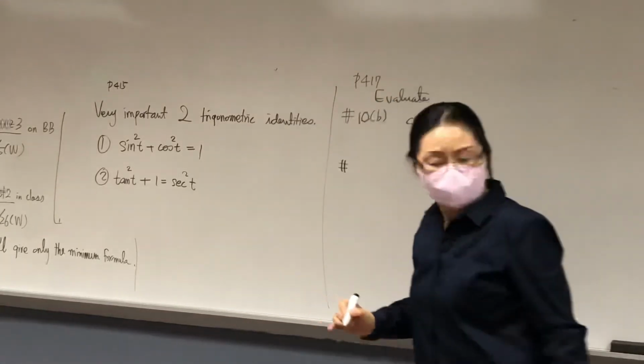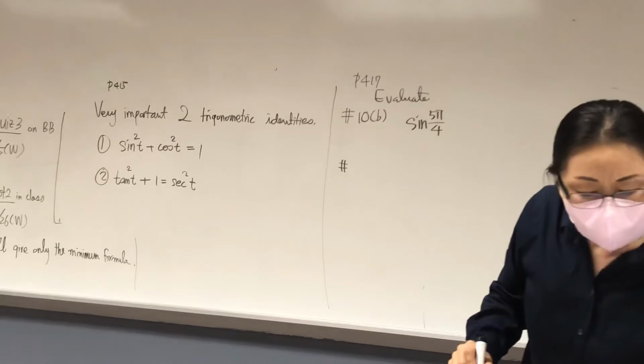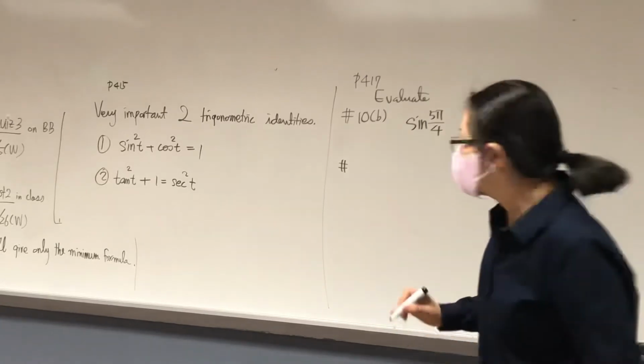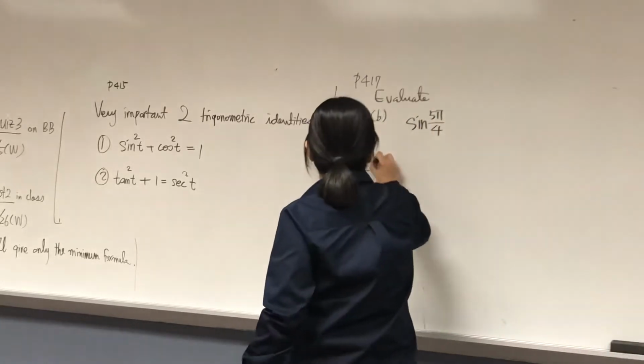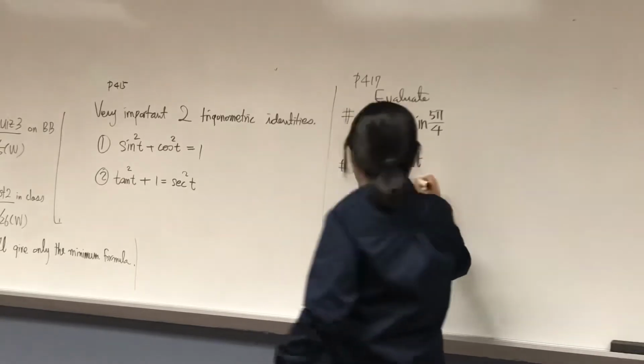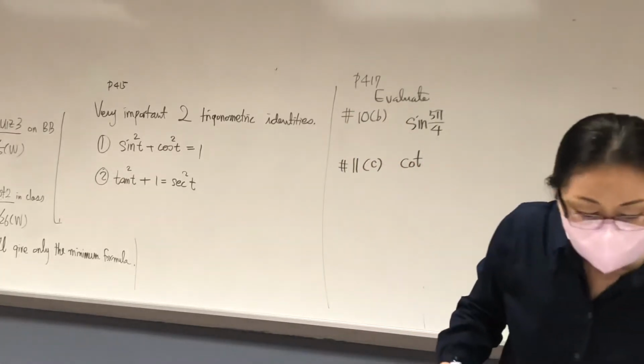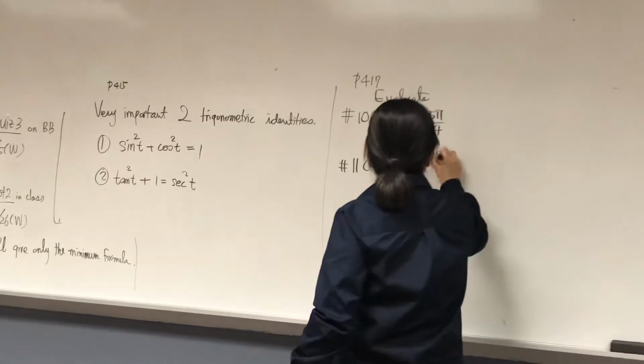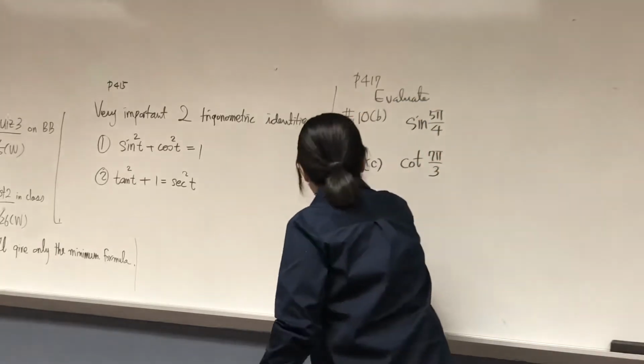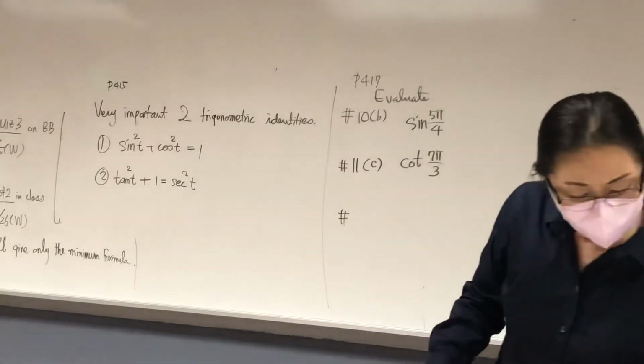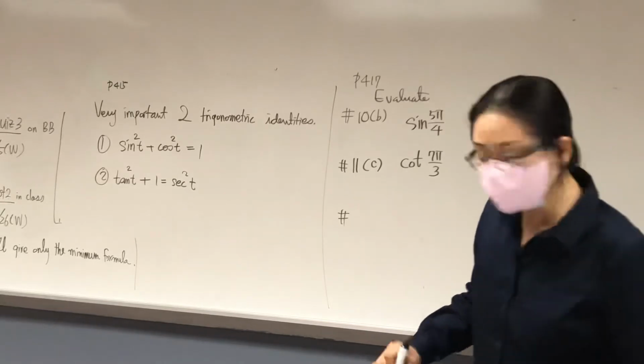Number 11C. Cotangent 7 pi over 3. Number 18C.